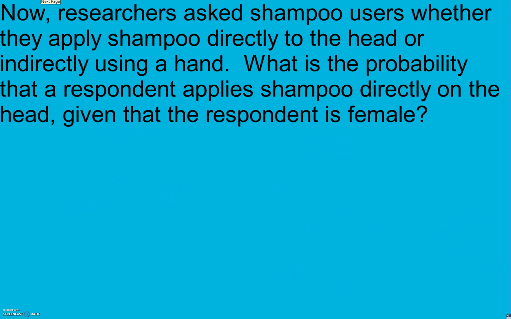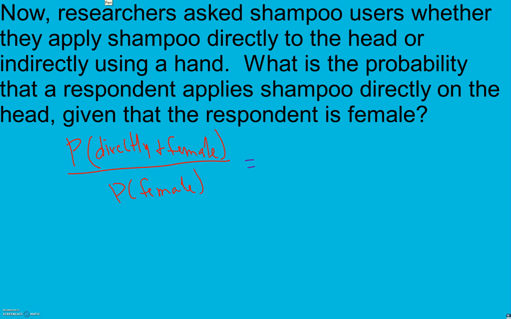Now, researchers asked shampoo users whether they apply shampoo directly to the head or indirectly using a hand. What's the probability that a respondent applies shampoo directly on the head, given that the respondent is female? So we want the probability of directly on head and female, over the probability that a person is female in this scenario.